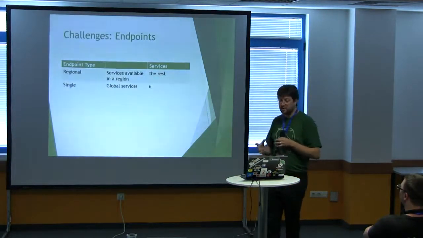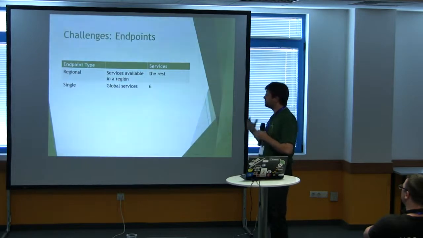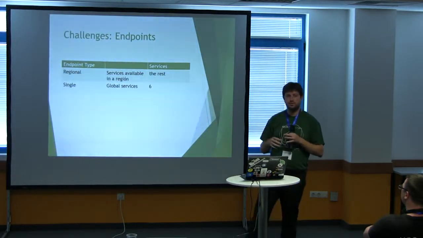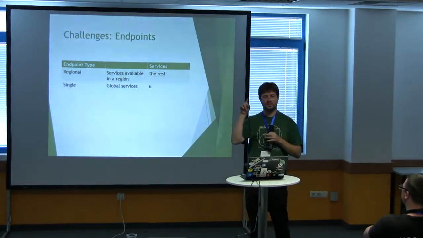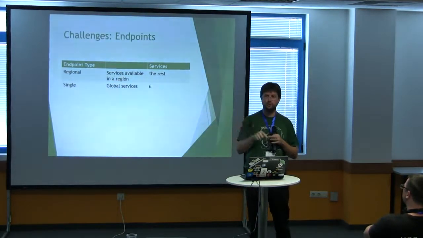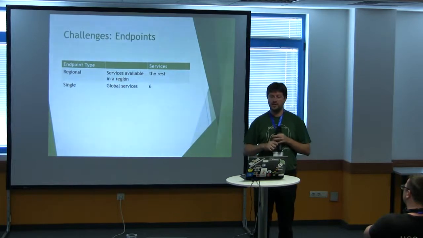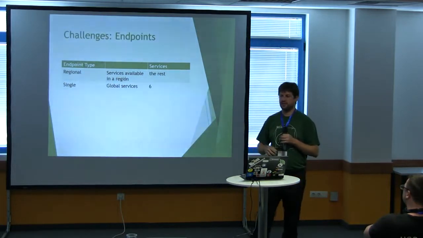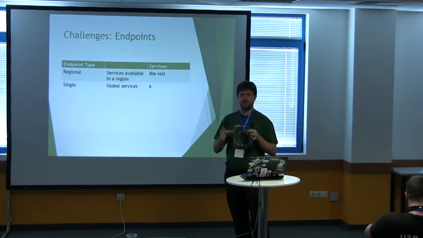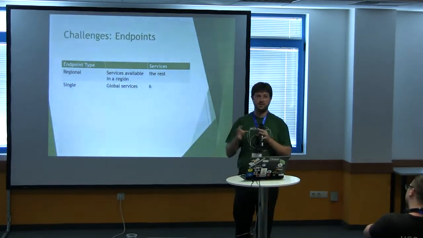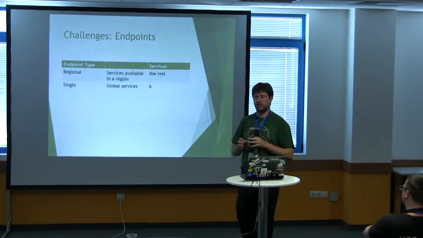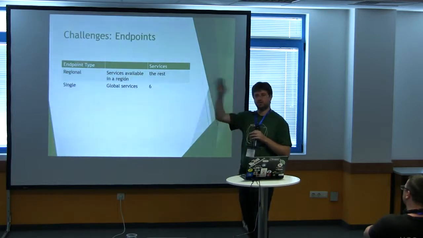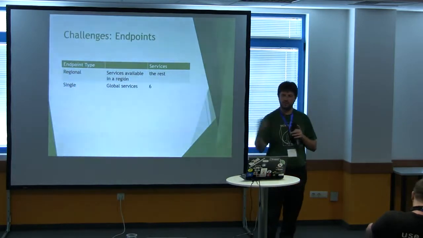So, for example, endpoints. There are services that are called regional. Regional services, you have to say in what region you want to consume that service. And there are global services, like the credential service that gives you your access key and your secret key. That's global. Your access key and secret key work all over for all the regions.